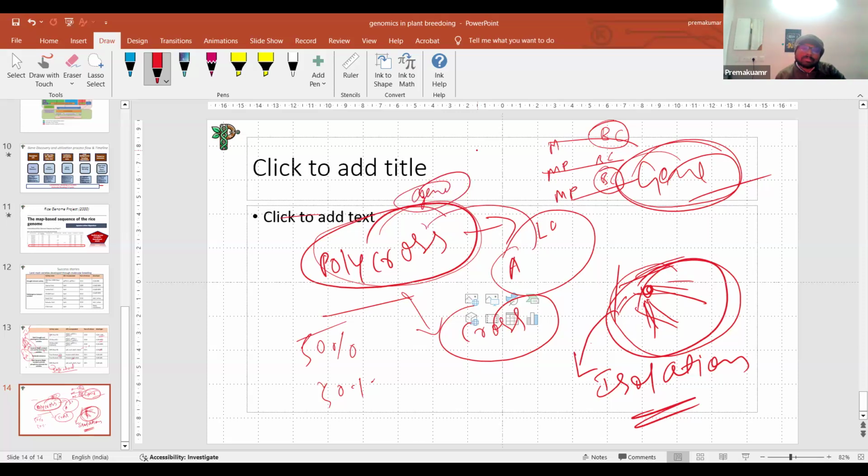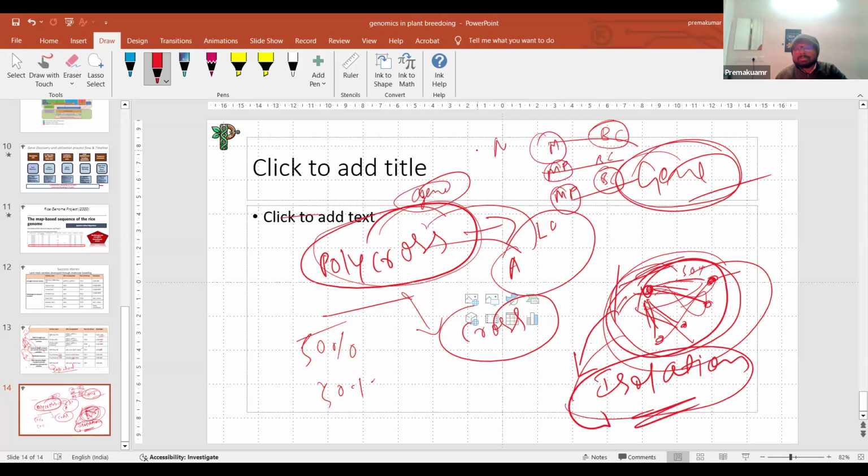When a plant is combined with any other plant with multiple parents, it can transfer 50% of its genome. Then in polycross we allow multiple crossing and maintain in isolation. This is entirely different. In gene pyramiding, just remember there are different donor parents. By using markers, we choose particular genes and bring them into a single genetic background. Don't mix up the things, okay?